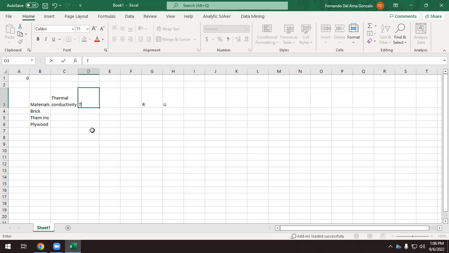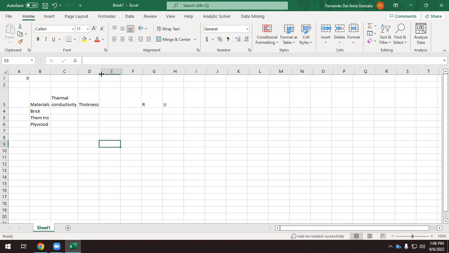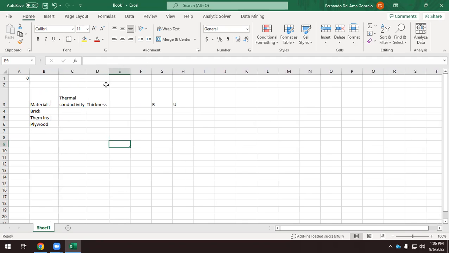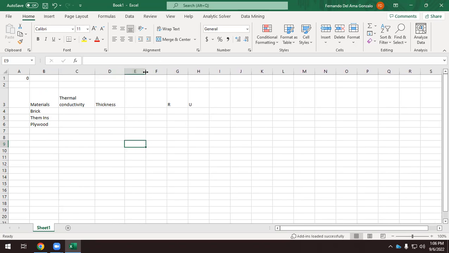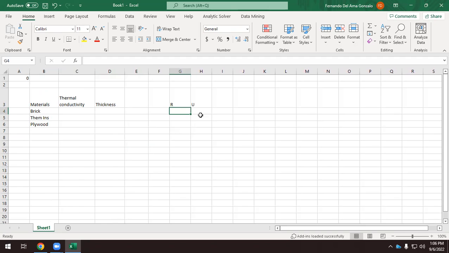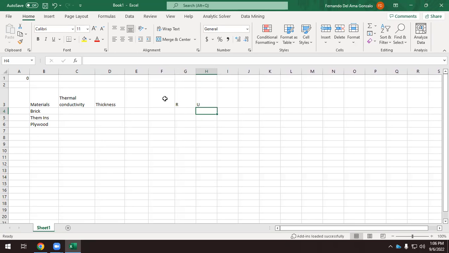We need thickness. Okay, so we're preparing our table, and then we have to calculate the R value, and then we have to calculate the U value. Is this enough, or do we need something else?